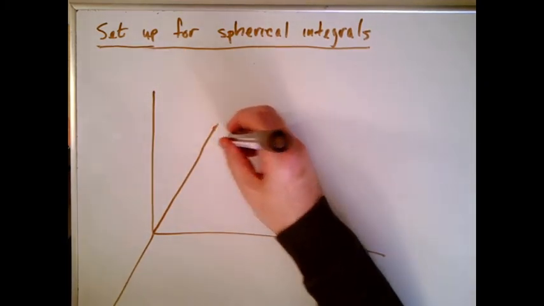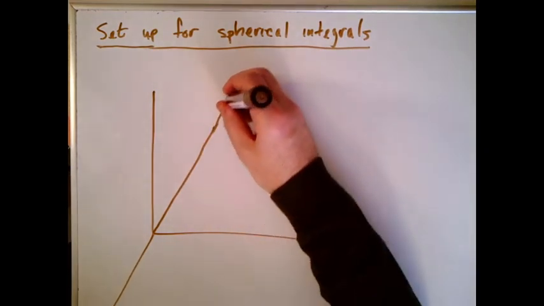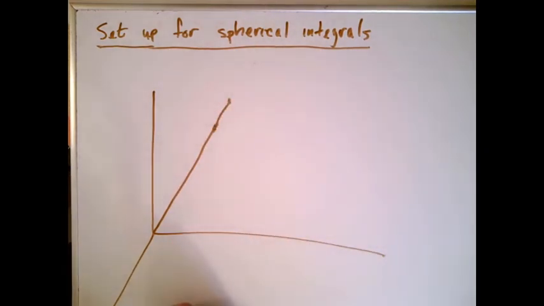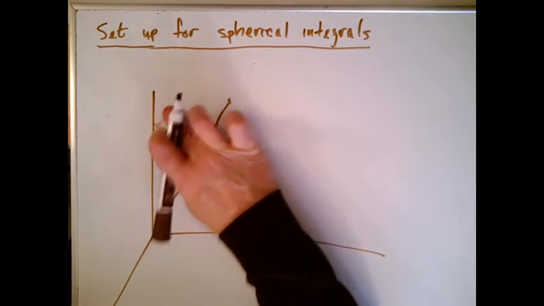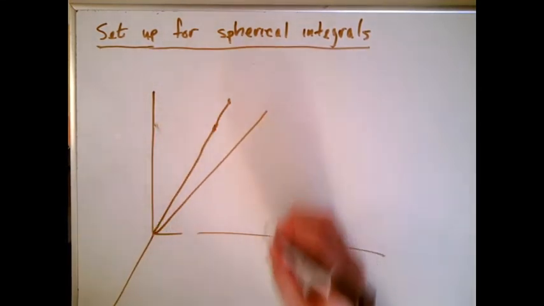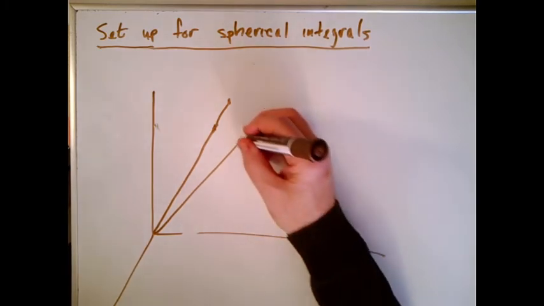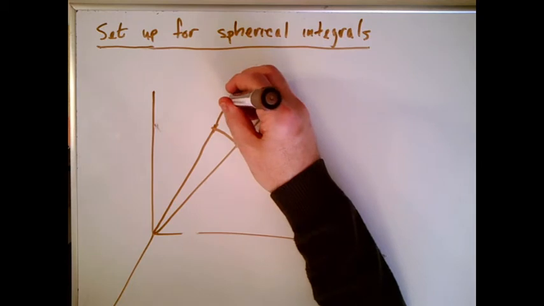Now what I want to do is draw r as a slightly bigger constant. Well, that's just going to go up like that. If I draw a phi, remember phi comes down this way. A slightly bigger phi would come all the way down to here like this. And what we want to do is draw the intersection of like that. So that's going to come like this, that's how it's measured, and that's going to come down like this.